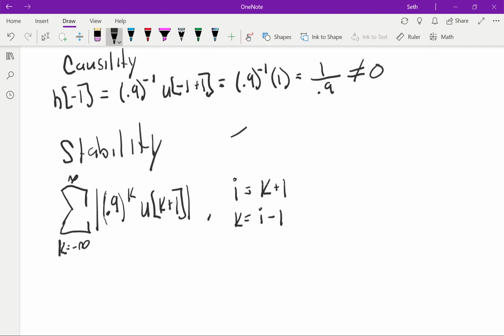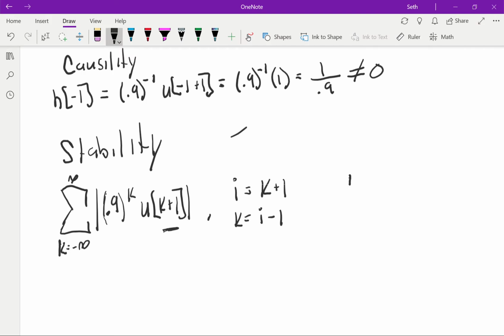The reason we wrote it like this is because we have this u of k plus 1, and that's really inconvenient for us because we don't have any way to handle this unit step function the way it's written in a convenient fashion. So we want to get rid of that shift.